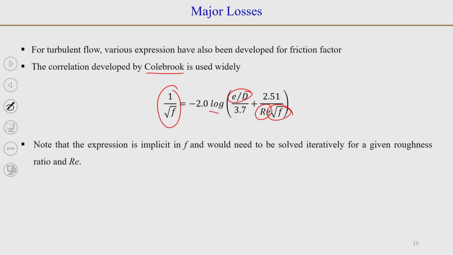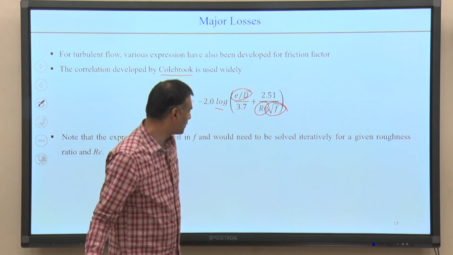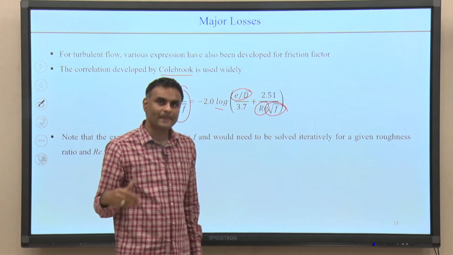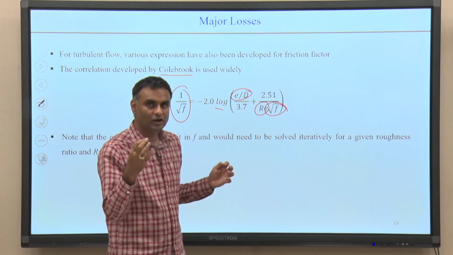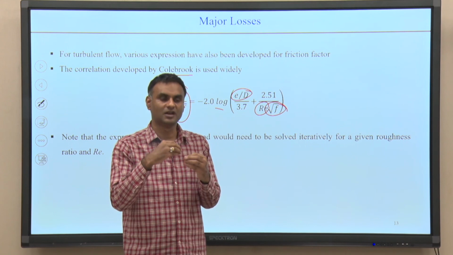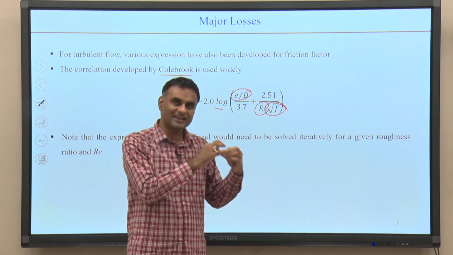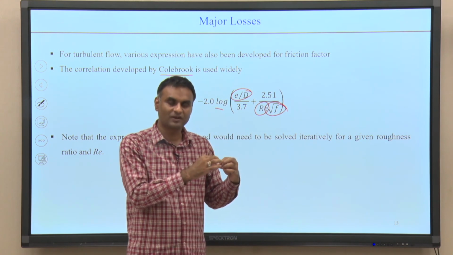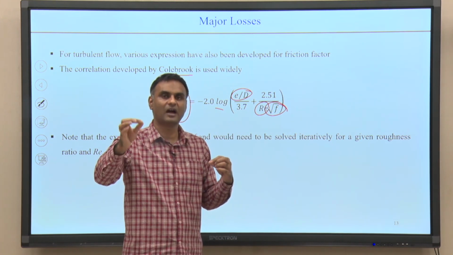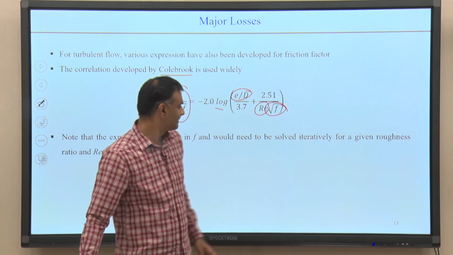So, we need to solve it iteratively. We will need to assume a value initially, let us say f is equal to 0.1, and then find what is the new value of f and do this again and again until the value we guessed at the start of calculation and the value that we find after the calculation are not very different.